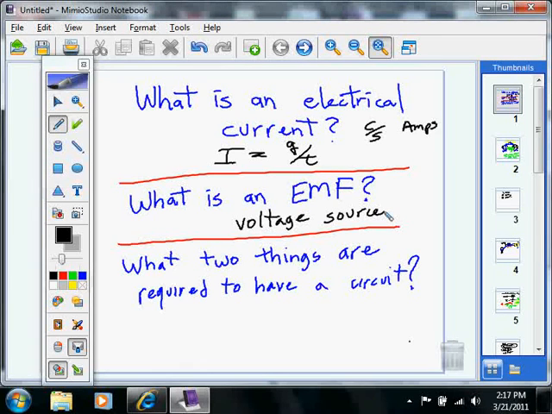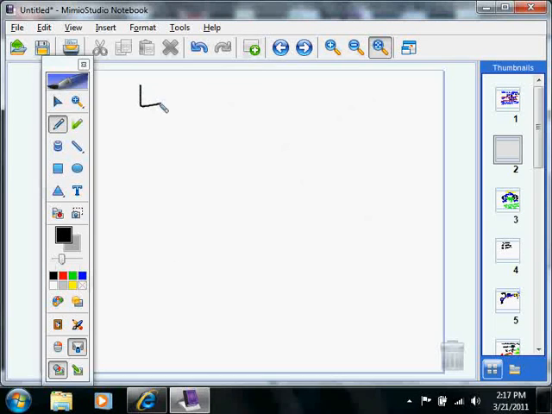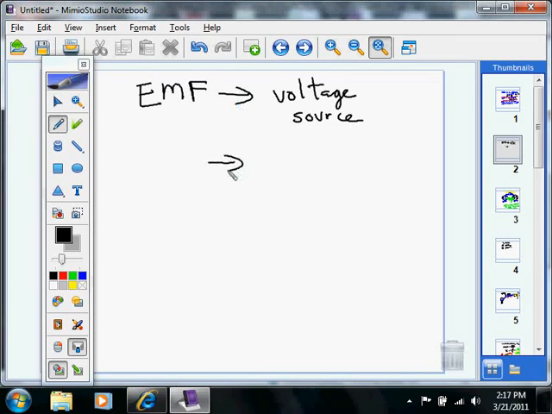Okay? So, final note. With those EMFs, which again you can think of as the voltage source, another name for voltage source is a potential difference.